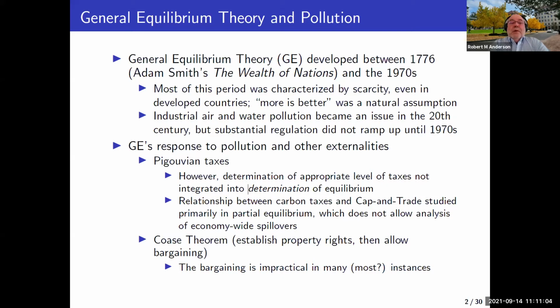General equilibrium theory really goes back almost 250 years to Adam Smith's The Wealth of Nations, a book published in 1776, and continued very actively until the 1970s and 1980s. And then as things were basically worked out, people started looking at other areas.